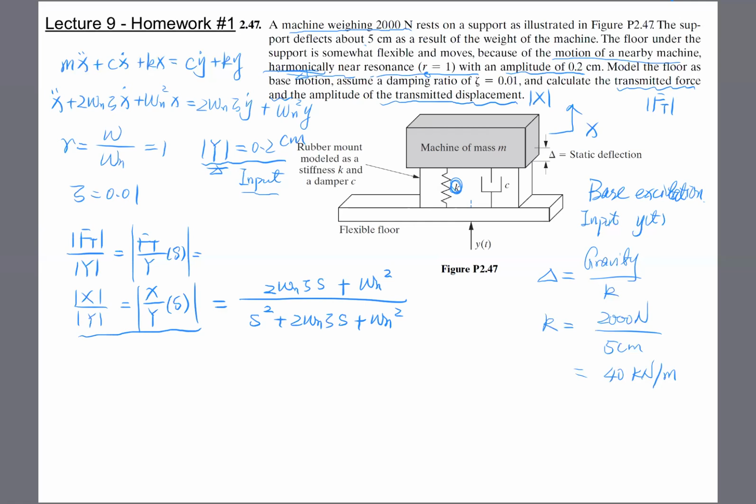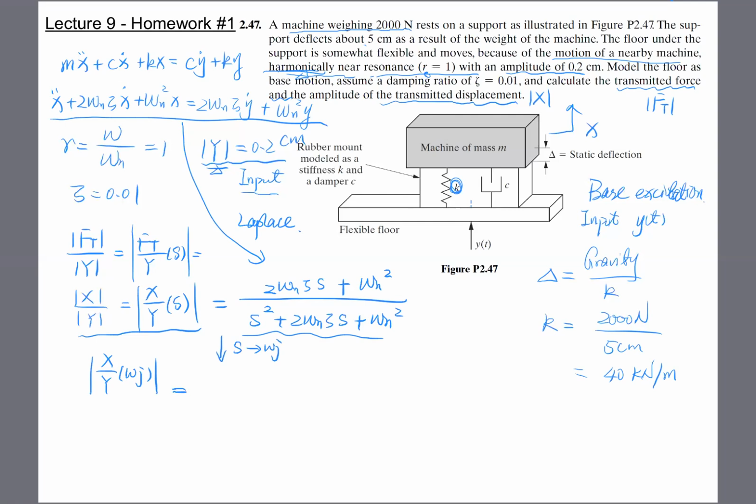By doing Laplace transform of these equations, you can get the transfer function. In order to calculate the Bode plot, you just replace your s by omega j. So let's see what's happening.